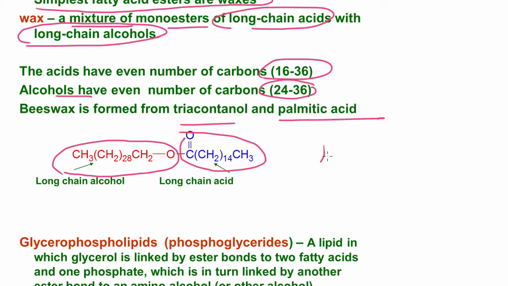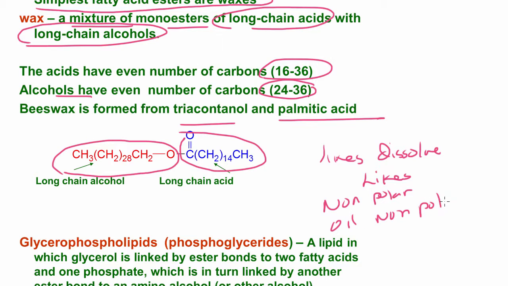And remember, likes dissolve likes. So waxes are nonpolar, right? Oil is nonpolar. Therefore, that waxy coating on the wings of the bird will dissolve in the oil. That's why we need to get the oil off, because without that coating, those birds are unable to remain buoyant in the water, and they will perish.